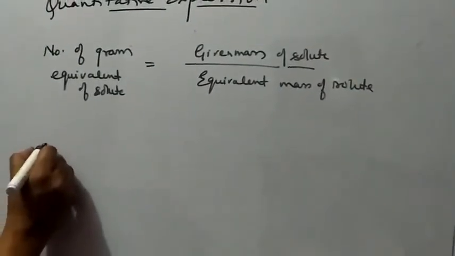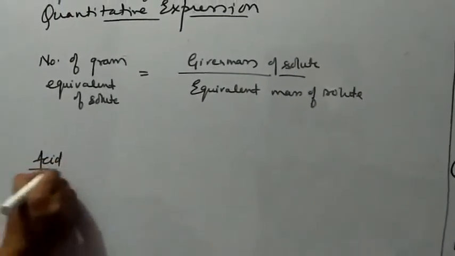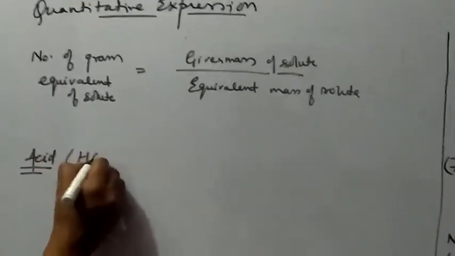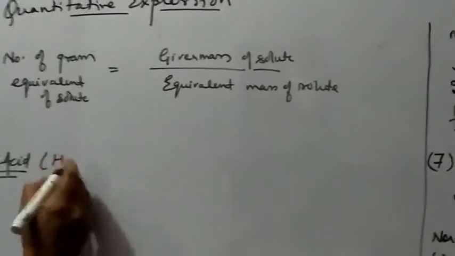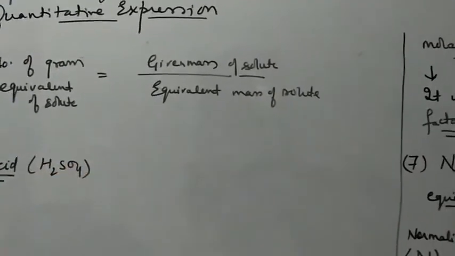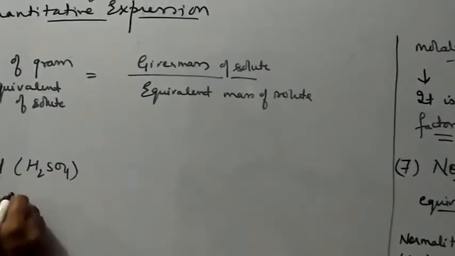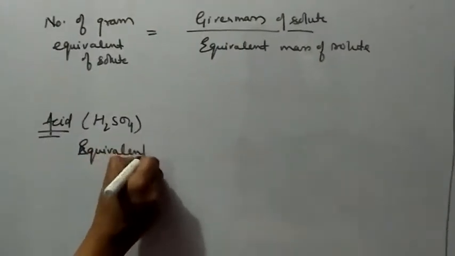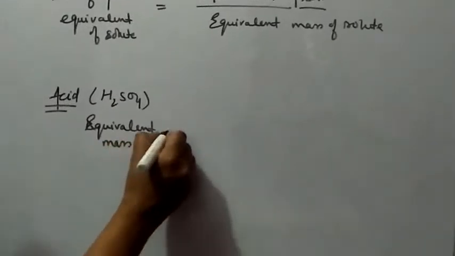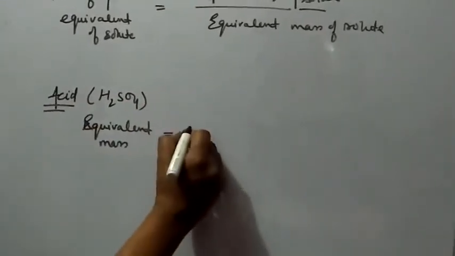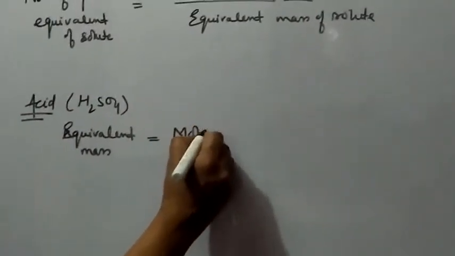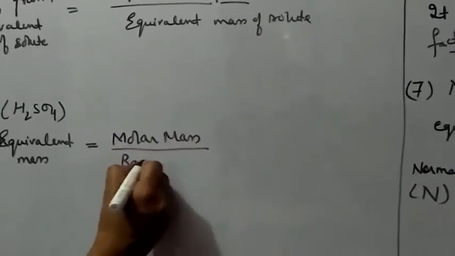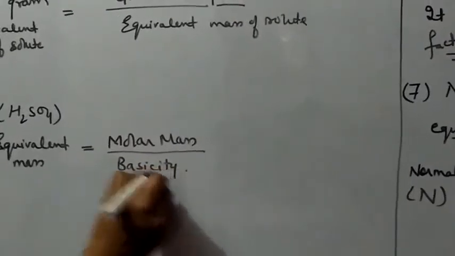Now if it is an acid, right? Let it be H2SO4. To get the equivalent mass of sulfuric acid, we need its molar mass upon its basicity. Now what is the basicity here?